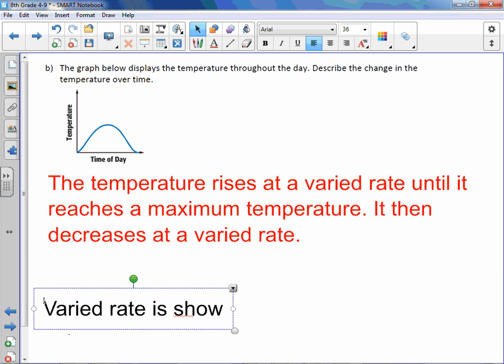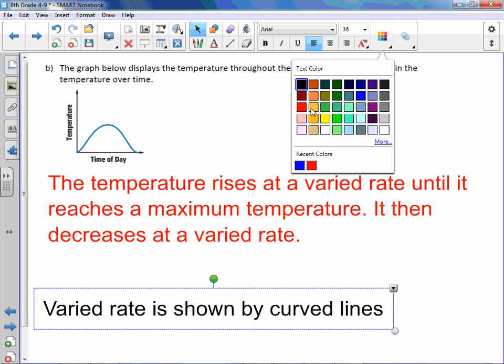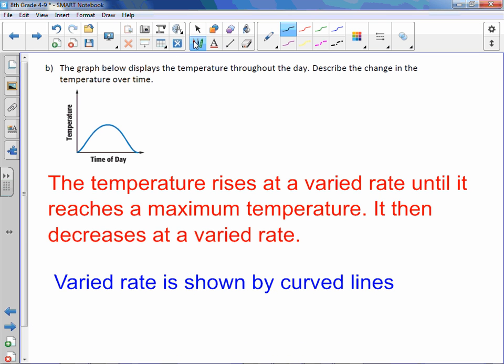Varied rate is shown by curved lines, which could be like this or like that. One increasing, the other decreasing. Those are varied rates.